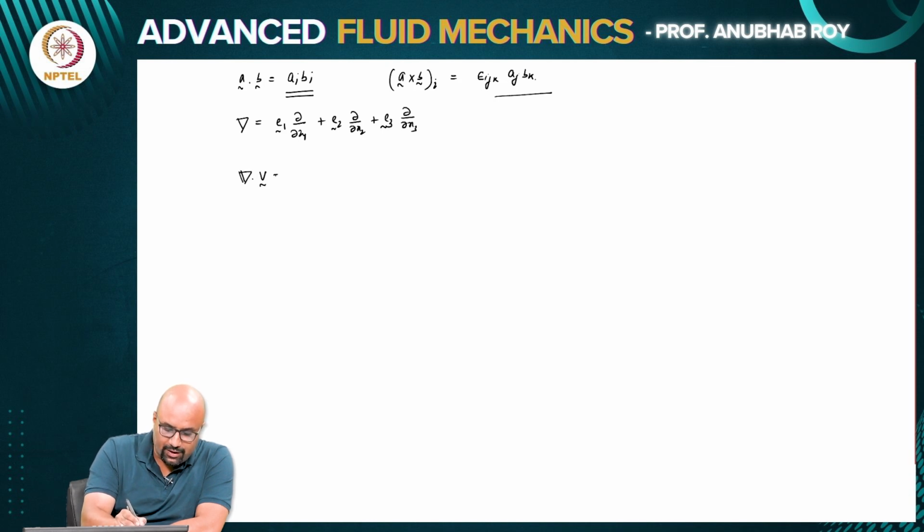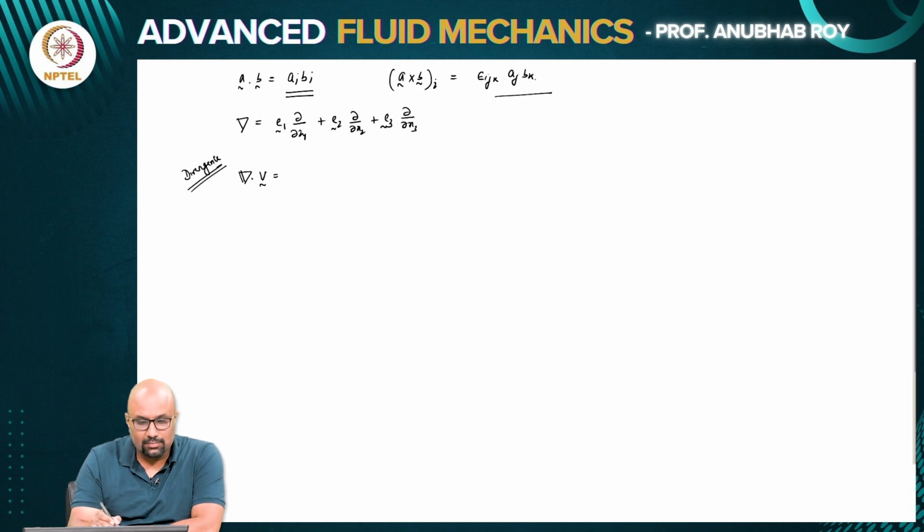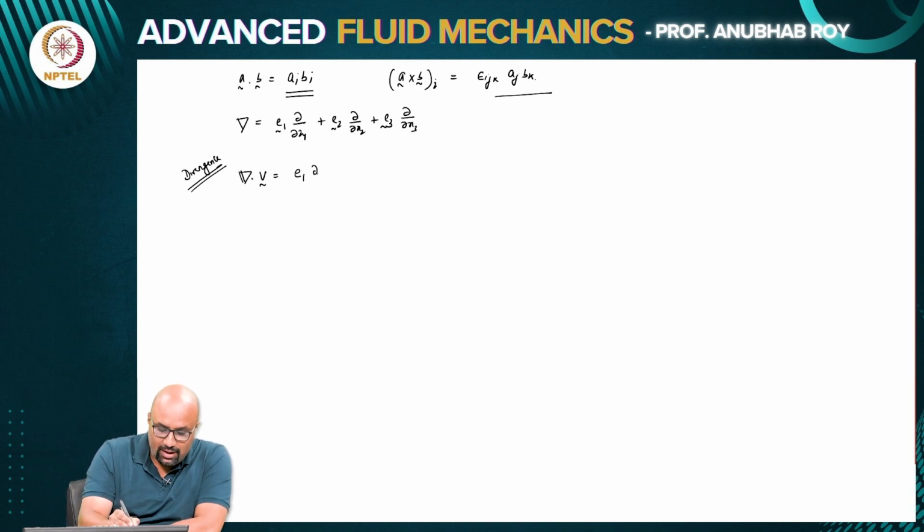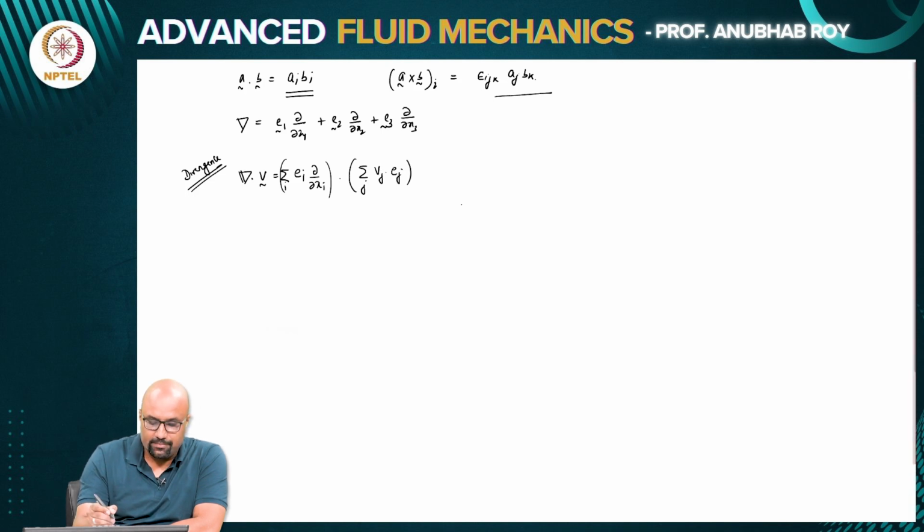Let's take a vector field V which has components V1, V2, V3, and if I take a dot product, which in vector calculus is known as a divergence, then I will have E1, I'll use indices now, summed over all i, just like your dot product that you did, j, Vj, Ej.